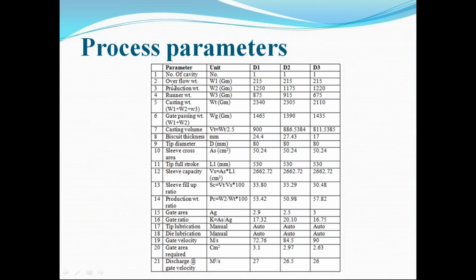Like the number of cavities, overflow weight, production weight, runner weight, casting weight, gate passing, sleeve fill up ratio, gate area, gate ratio, etc. These are the process parameters with respect to three different dies for the analysis of the product to eliminate the blowhole. The analysis happened with respect to these process parameters.